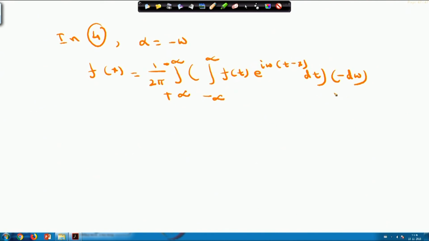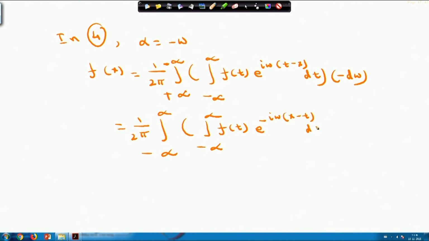If I change it again, 1 by 2 pi, this will now be the integral from minus infinity to infinity, of the integral from minus infinity to infinity of f(t) e to the power minus i omega (x minus t) dt d omega.